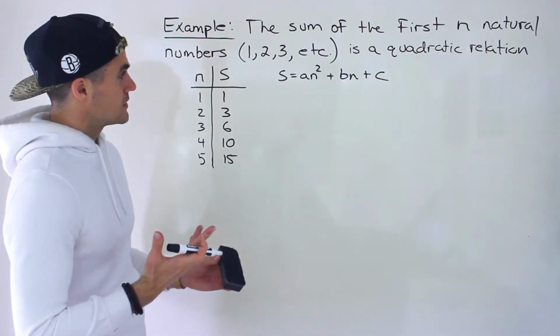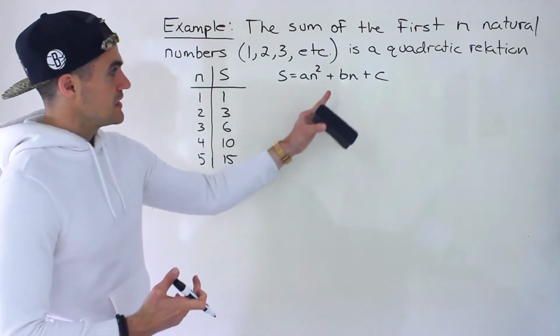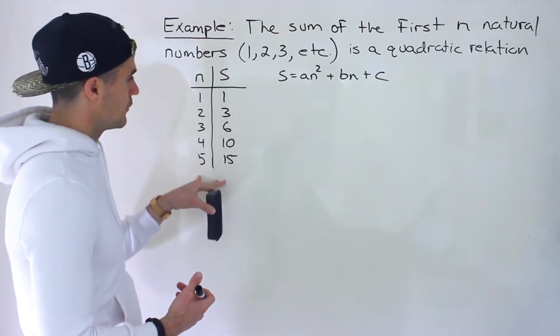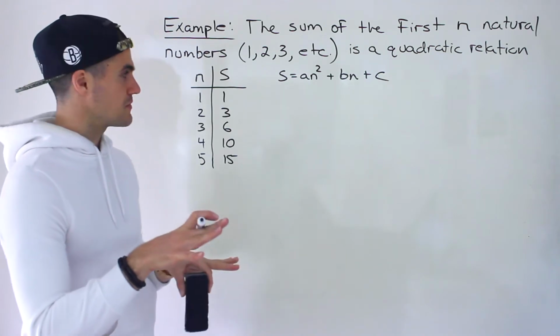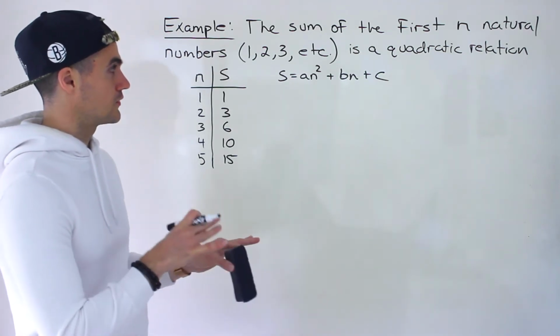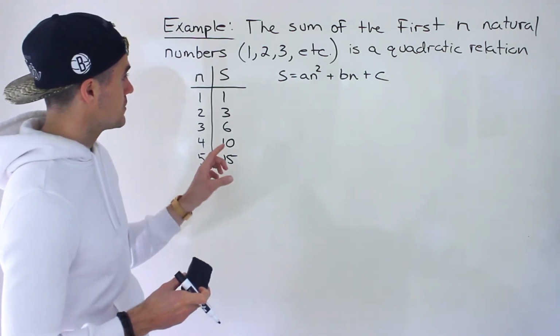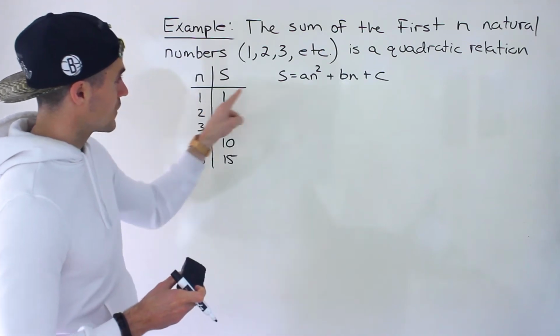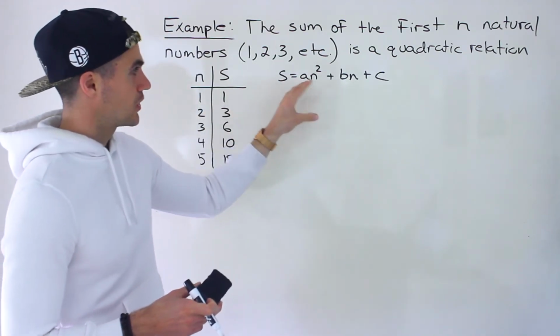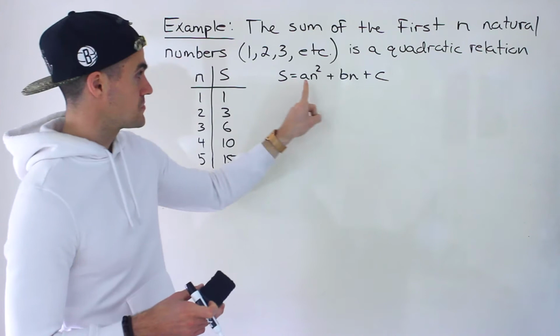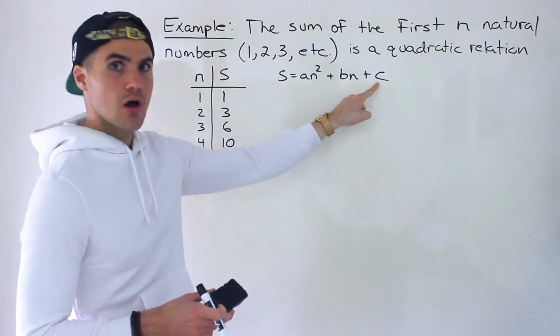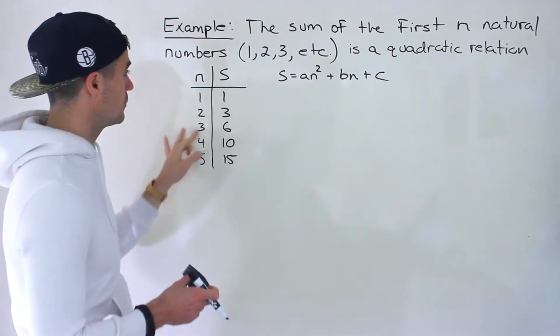So now what we got to do is find this a, b, and c value from this table of values. And we've gone through questions like this before earlier in the course, where we plug in these values for n and s, and then we're going to have equations. More specifically, we have 3 unknowns to solve for, so we need 3 equations. So we would use 3 points.